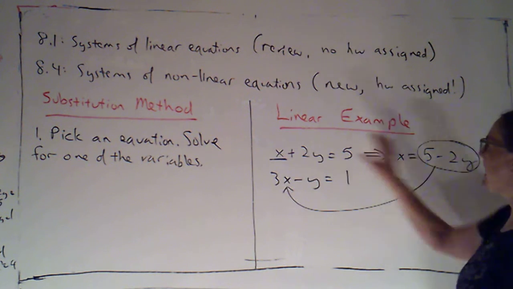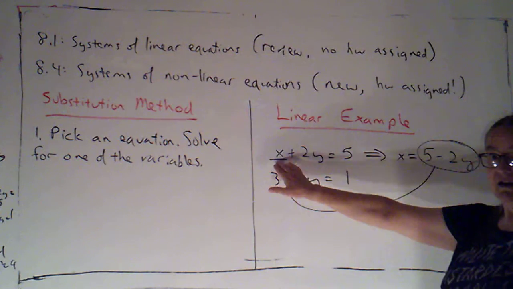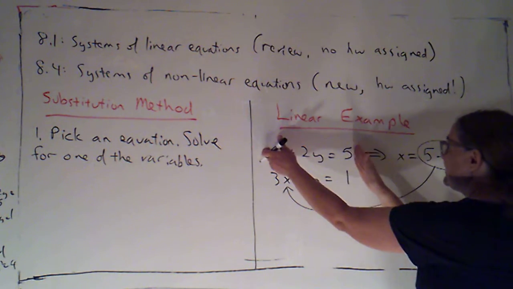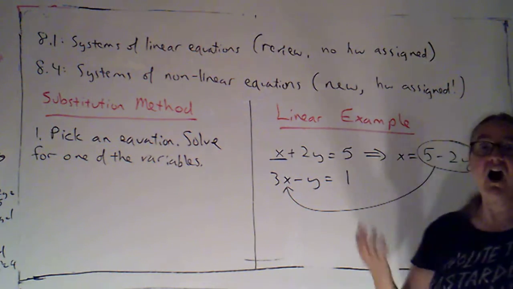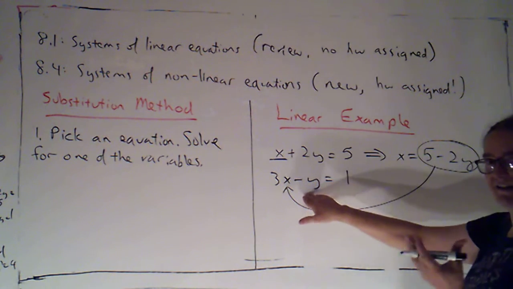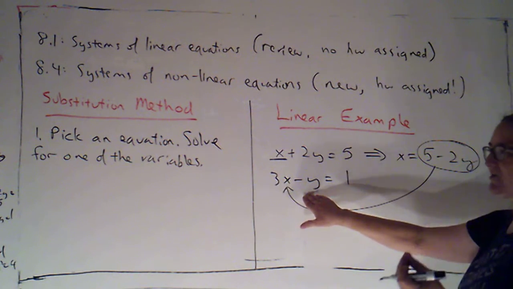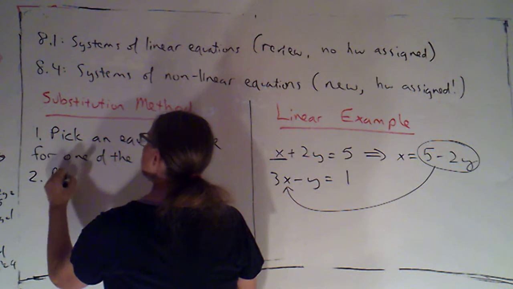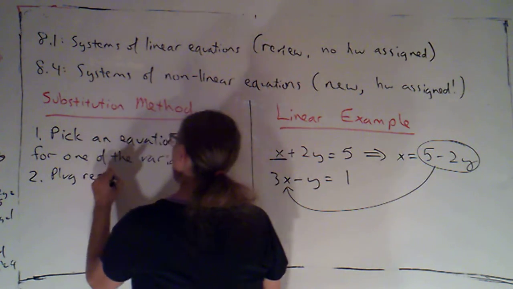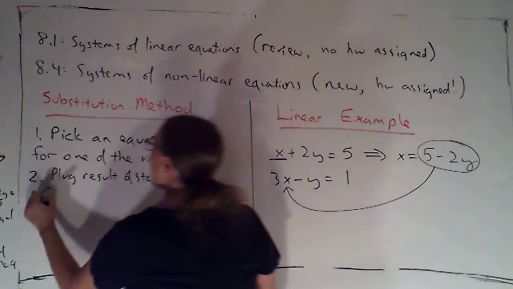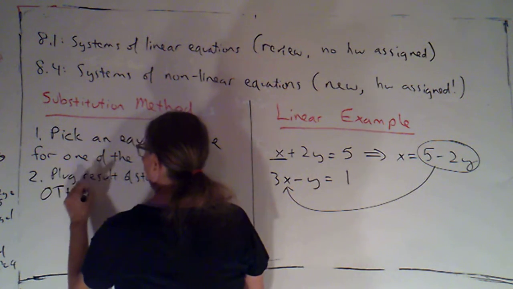If I plug this back in for x here, I'm going to create an identity that's always true, because this information and this information are exactly the same thing. I want to use the information that I need to be a solution to the second equation as well. So step 2 is going to be to plug the result of step 1 into the other equation.